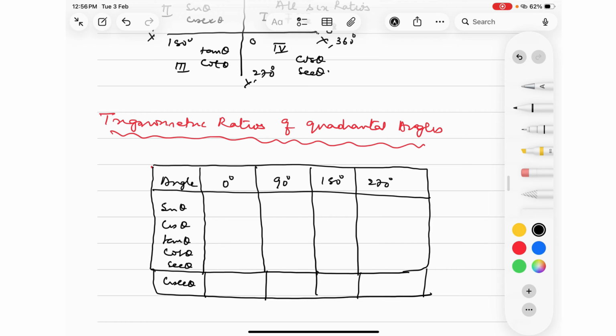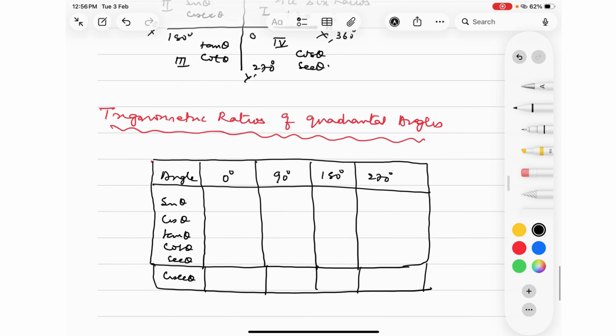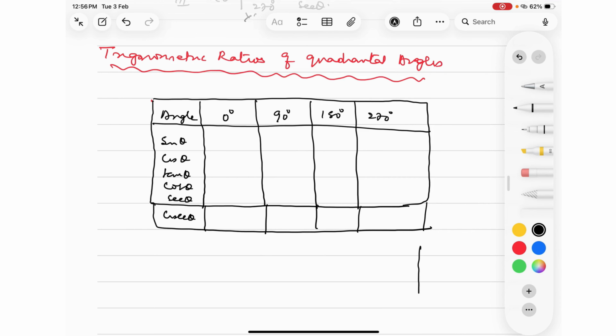Now what is sine 0? Remember, 0 degrees means the point P is at 0 degrees. If the point P is on the x-axis, I told you earlier, the y coordinate of P will be 0.